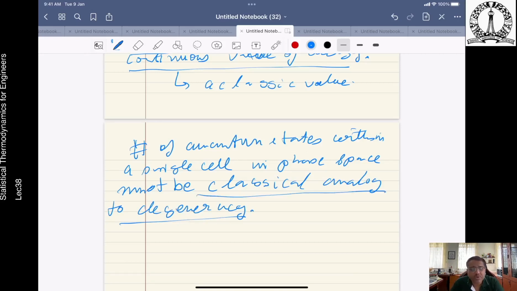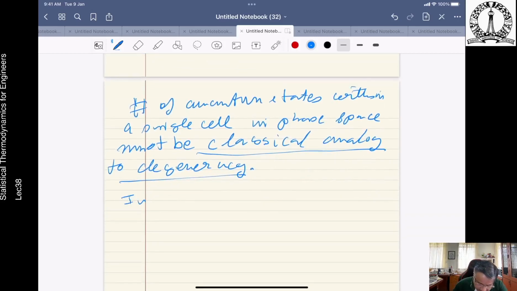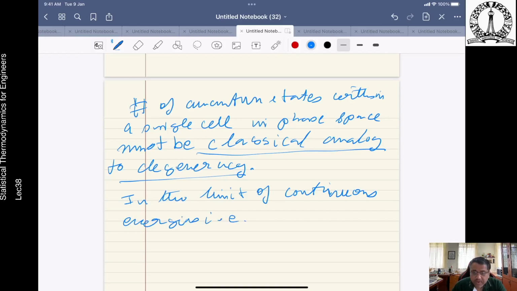The correspondence principle indicates that the classical solutions must be replicated by quantum mechanics in the limit of continuous energies, that is, delta E less than kT.